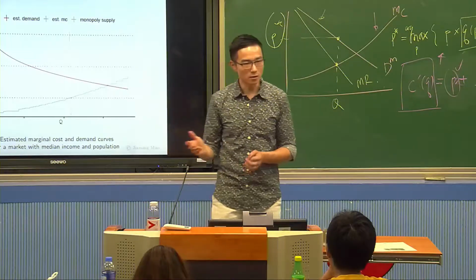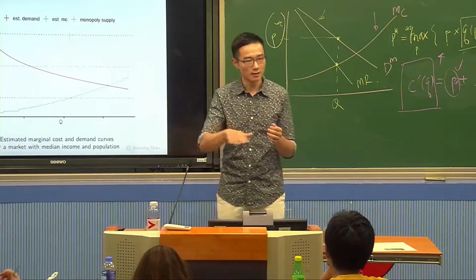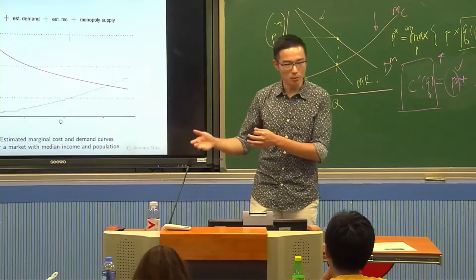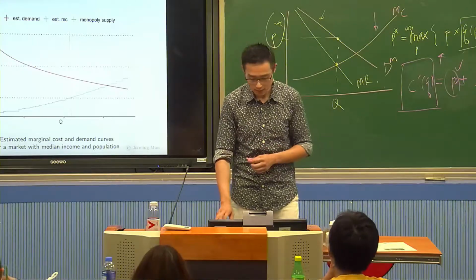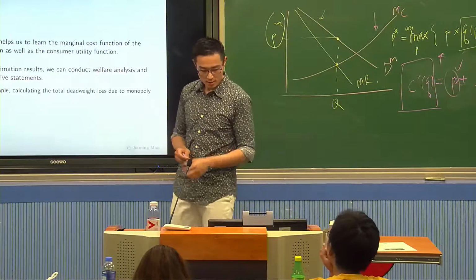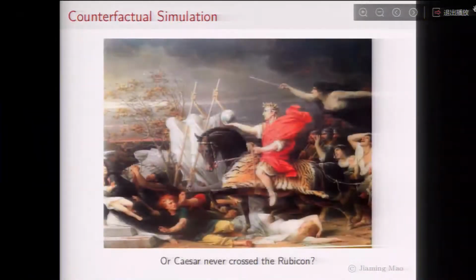So this is the power of structural models, which allows you to estimate these underlying hidden latent variables like cost, and allows you to do normative welfare analysis, which we would never be able to do if we did not use theory, right?